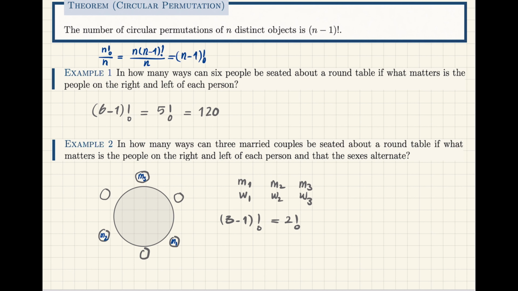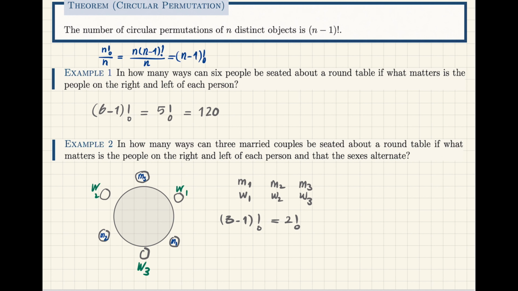I have to use the normal permutation. Because if I put W1 here, W2 here, and W3 here, and let me now start rotating just the women, not the men, what happens?